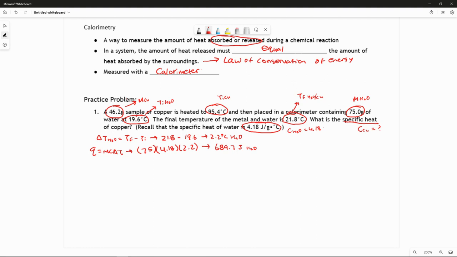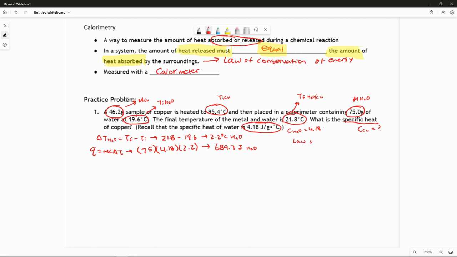All right, now what we covered on top for the notes is that in a system, the amount of heat released must equal the amount of heat absorbed, right? So if water absorbed 689.7 joules of heat, then the copper must have released 689.7 joules because you cannot create energy or destroy it.